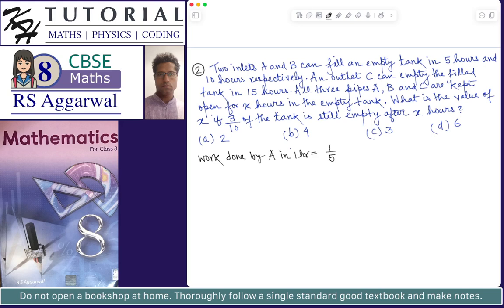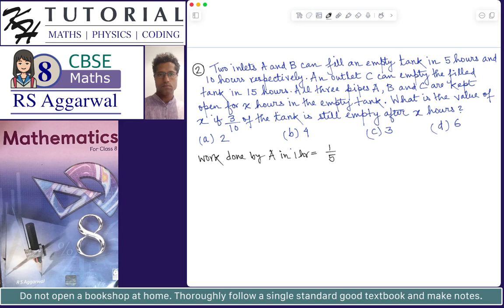Similarly, if the work done by A in 1 hour is negative 1 by 5, then it means that the tap A in 1 hour will empty 1/5 of the tank.